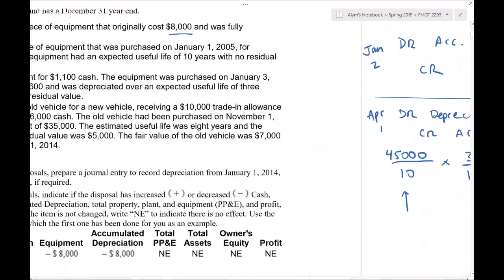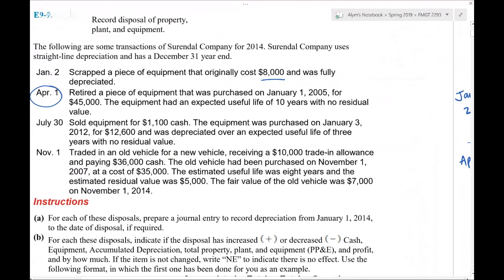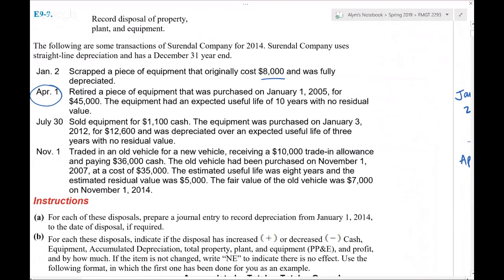We purchased it on January 1st, 2005, and we're now into 2014. So how much do we have in accumulated depreciation up until now? Well, it was 2005, 6, 7, 8, 9, 10, 11, 12, 13, and then we're selling this in 2014, so 9 years and 3 months.